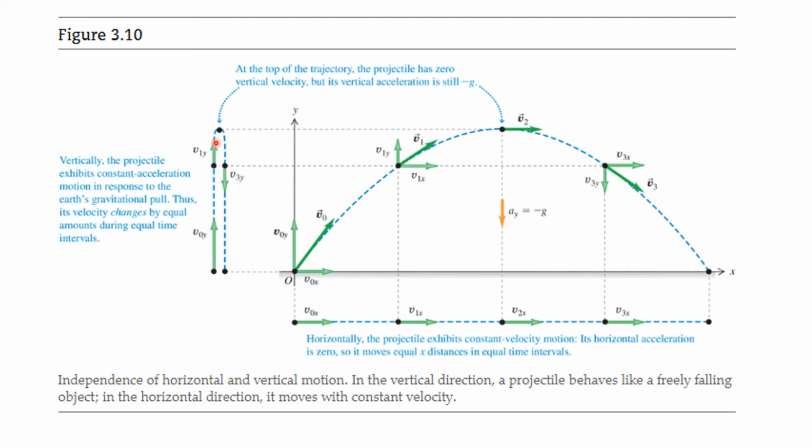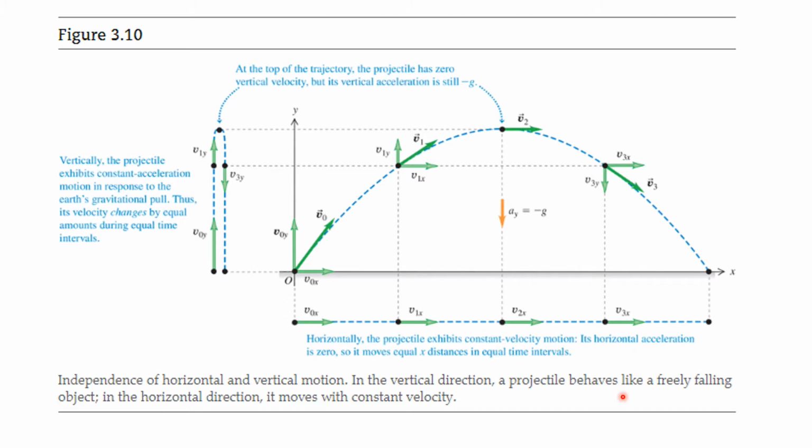It goes slower and slower, eventually stops, and then comes down. So that's the component of the initial velocity in the y direction. In the x direction, we're assuming there is no air resistance, and so it moves at a constant velocity all the way along until it hits the ground. So this will help you determine when it hits the ground, but then once you know when it hits the ground, you know how far it has gone.